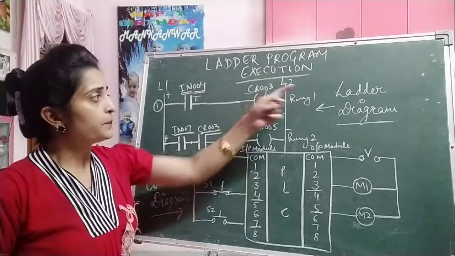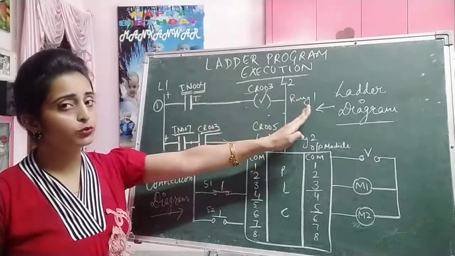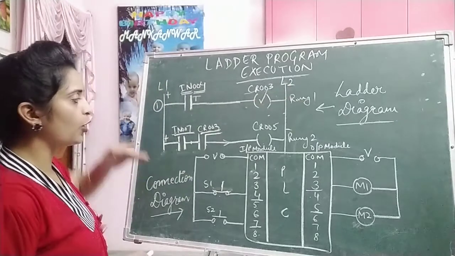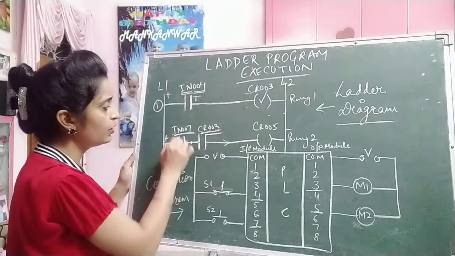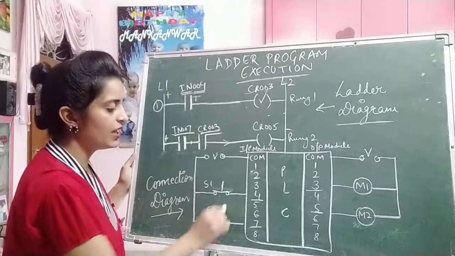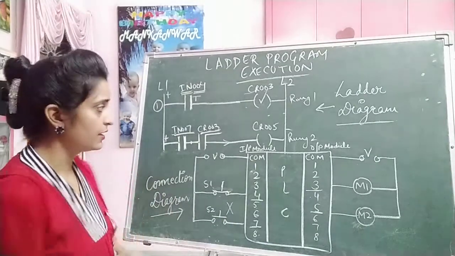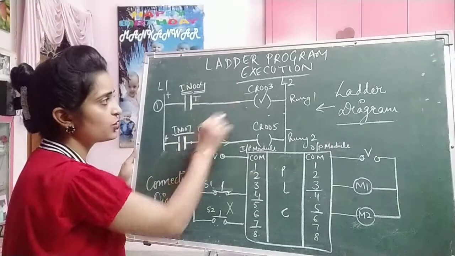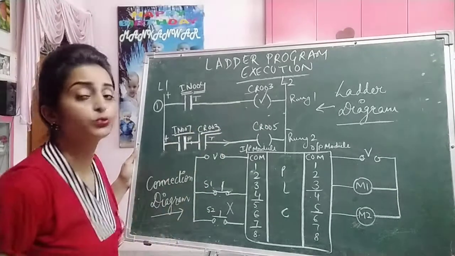Okay, and then after rung 1 is completed from left to right, we come from top to bottom, and this supply is given to IN007. For example, here we have not pressed the S2 switch yet. The CR003 is energized. It is true, but S2 has not been pressed, so it is false.